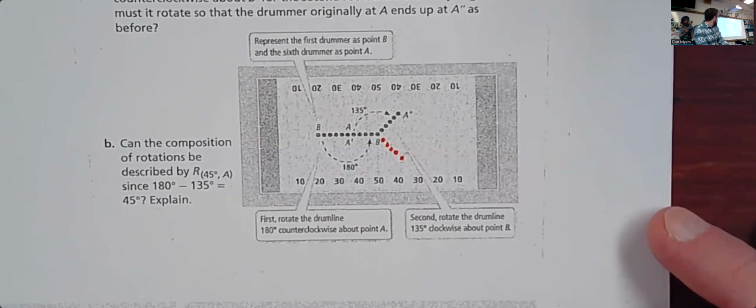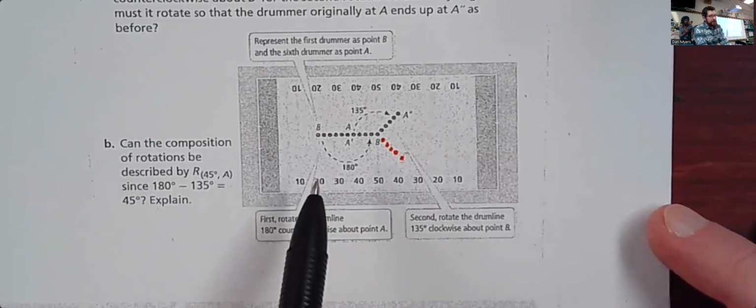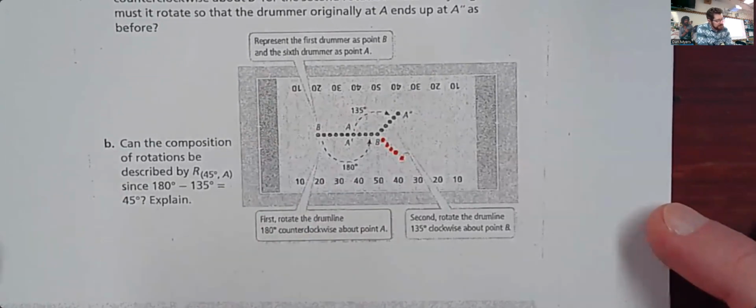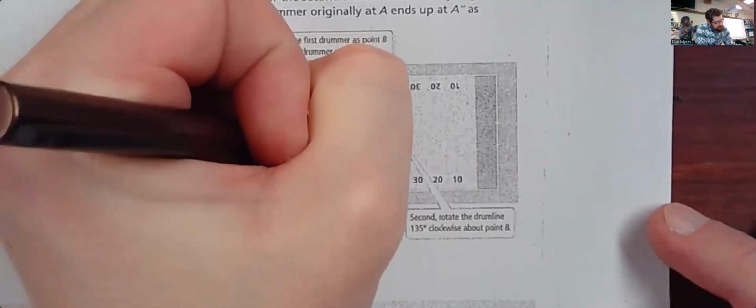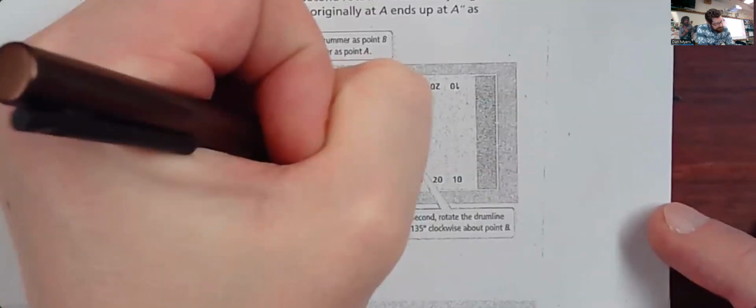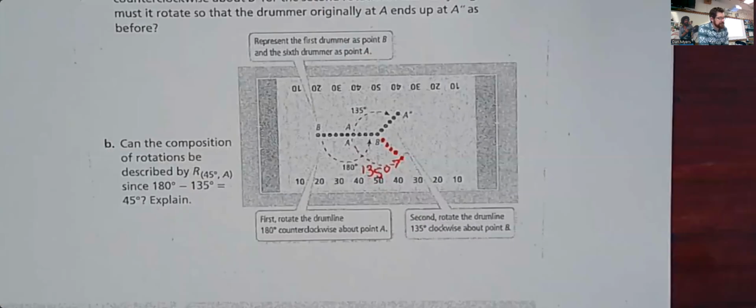Maybe 90, okay. $225, okay. Any other thoughts? By the way, this right here would also be a 135 degree rotation.